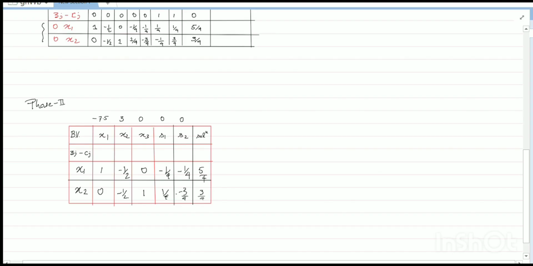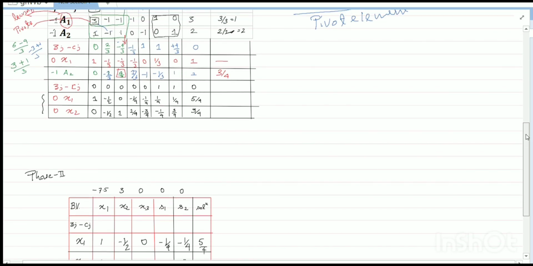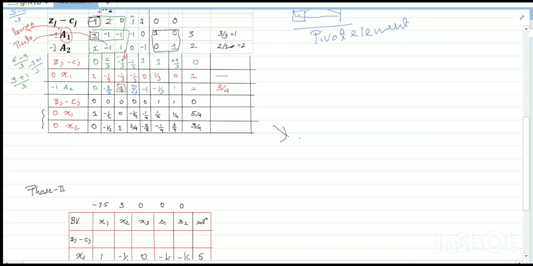So whatever I see, you see that Zj minus Cj is greater than or equal to 0 for all j, and the phase terminates. Okay, the BFS is feasible. In this case phase 1 terminates. Why is the BFS feasible?